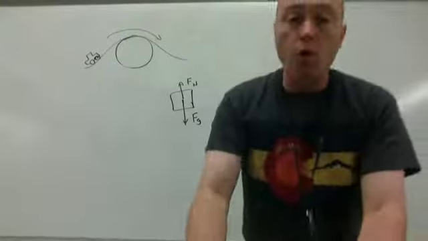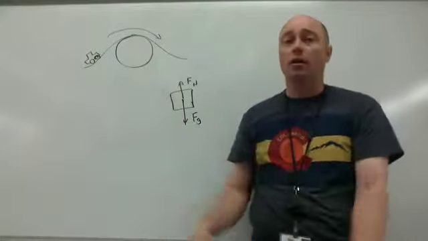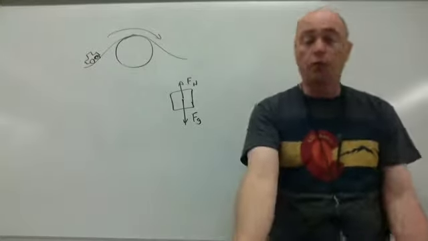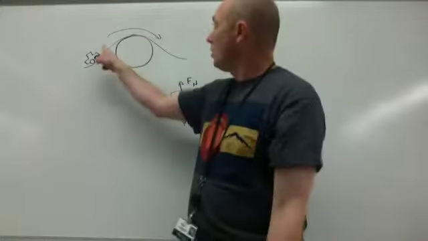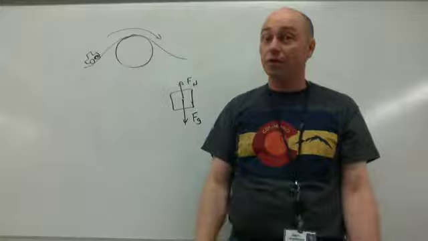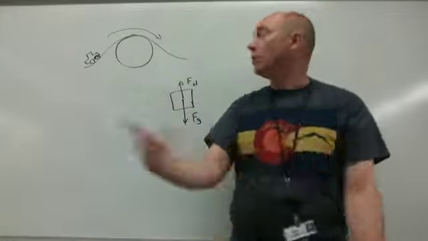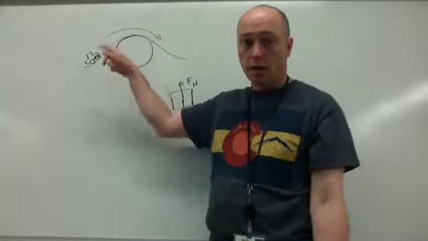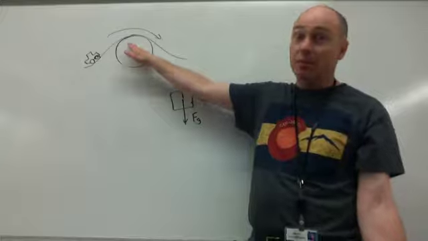But then you have to do this, because remember, the whole key to Newton's second law, and this is really just Newton's second law, is that the direction of the net force points in the direction of the acceleration. In this case I'm going in a circle, and we already know you have to accelerate towards the center of a circle. That's why it's called centripetal, towards the center. So my net force has to point towards the center.